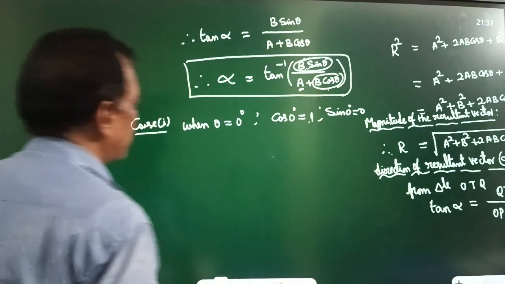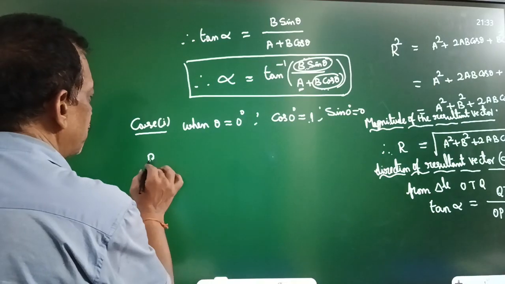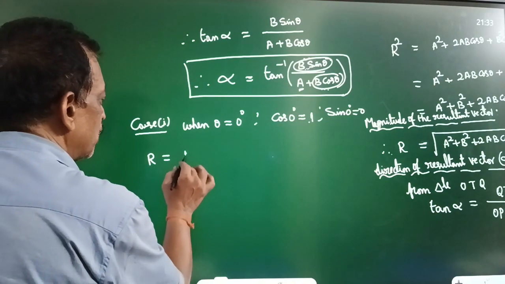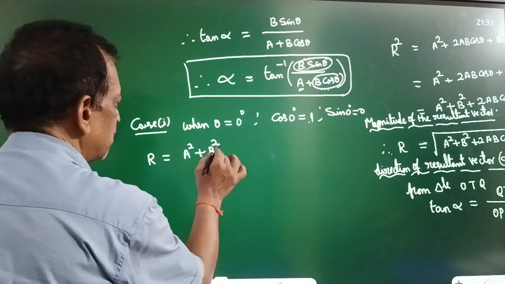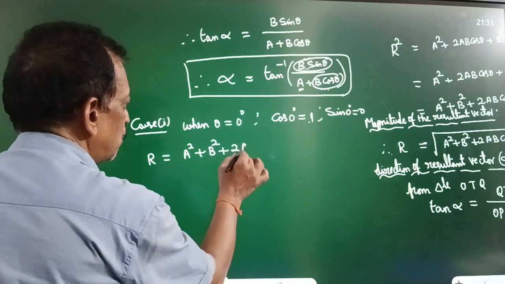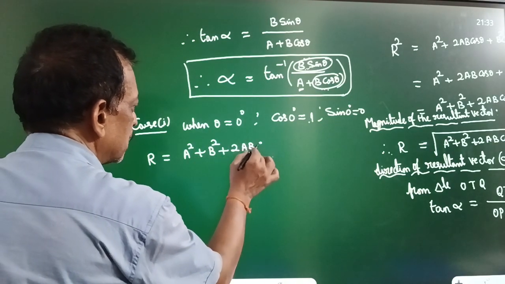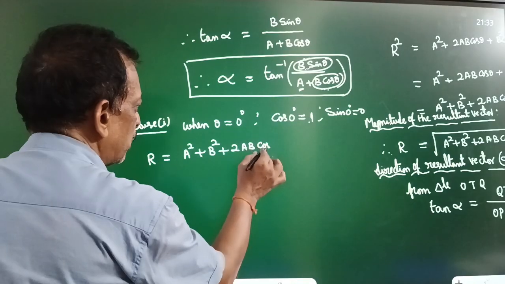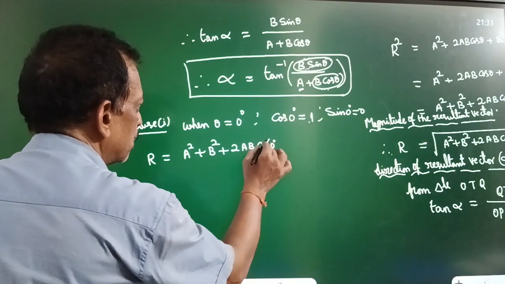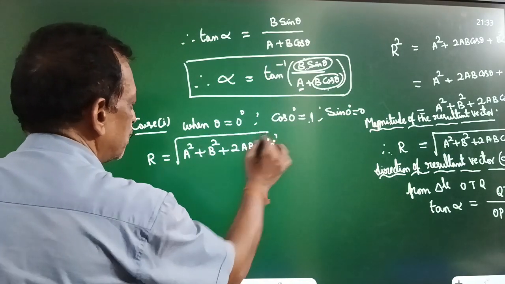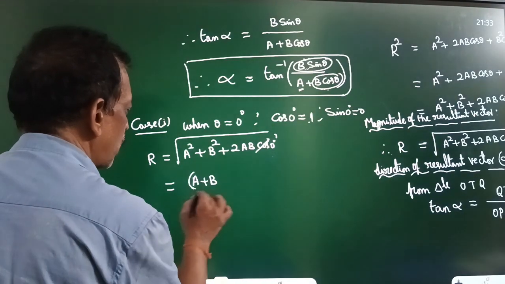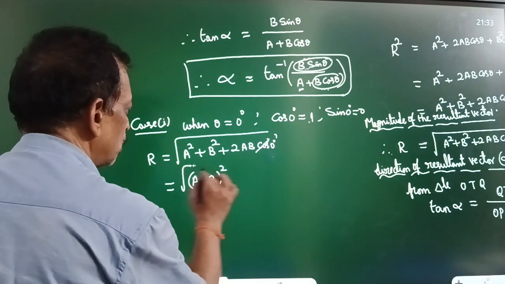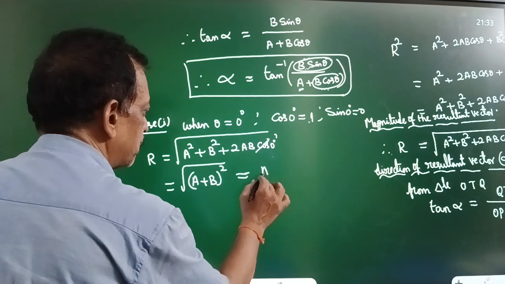Then for maximum resultant, R is equal to square root of A square plus B square plus 2AB cos 0, which is 1, so under root of A plus B whole square. So that is equal to A plus B only.